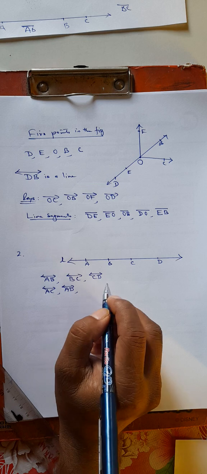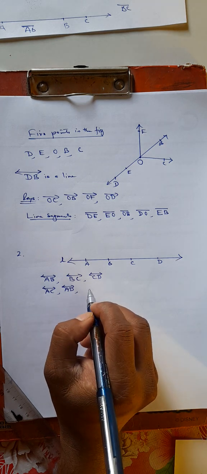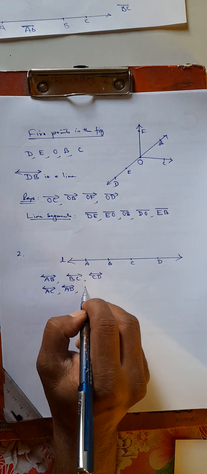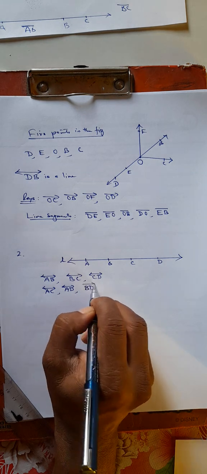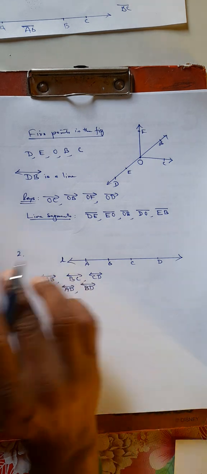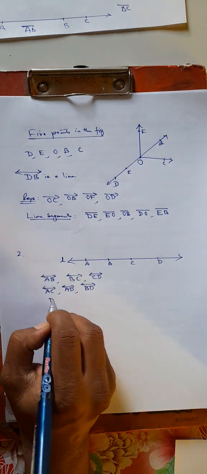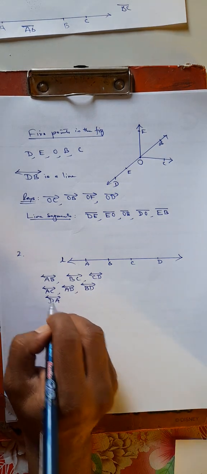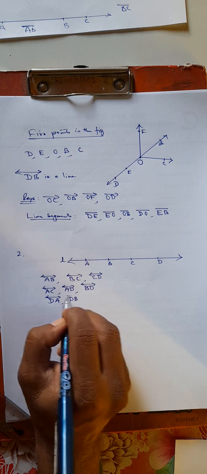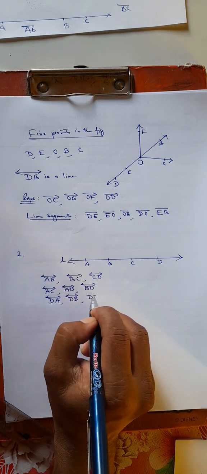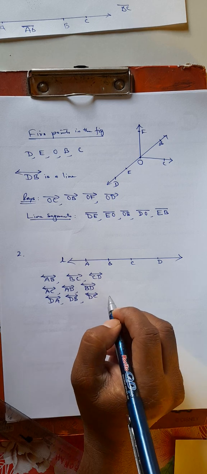You can also name it as BD. BD also refers to this line. You can also name it as DA, same thing. DB, same thing. DC, same thing.